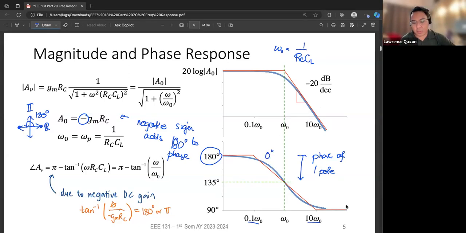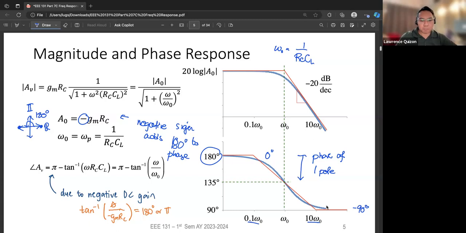This one would be 0 degrees, and this one would be -90 degrees if this were positive, right? But it's not. It's a negative A0. So it's 180 plus 0 at the top, which is 180, and 180 minus 90 at the bottom, which is just 90.